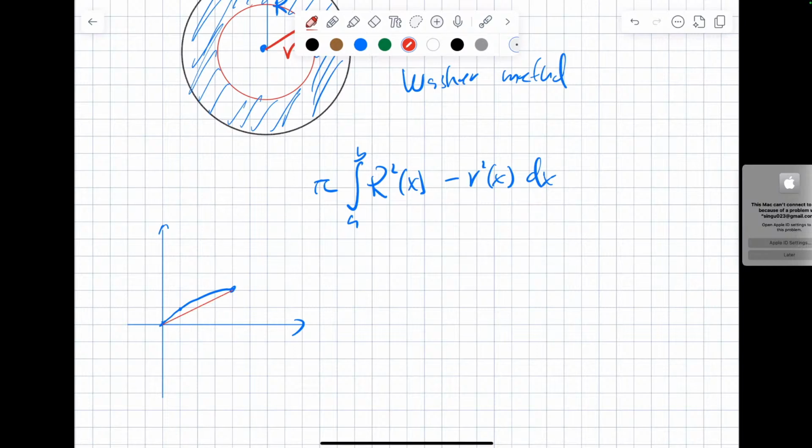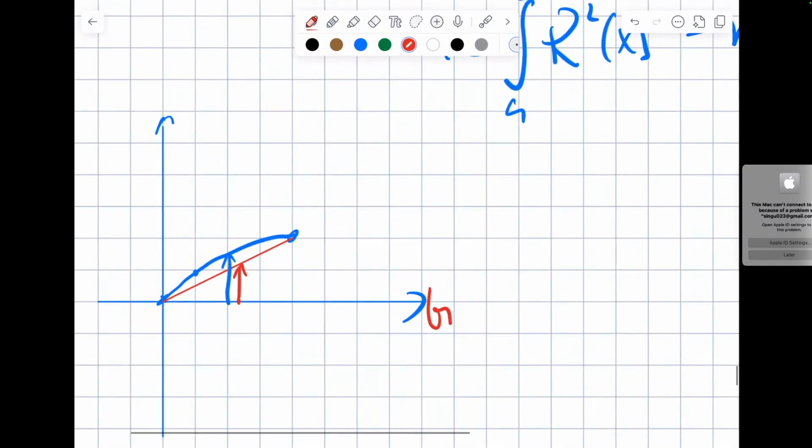And we're going to rotate. Guess what? There are 2 radii, right? There's a radius from here to here, and you have to take out the radius from here to here. Is that okay? So there's a blue radius and there's a red radius.